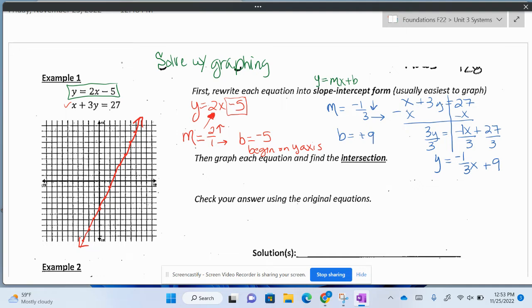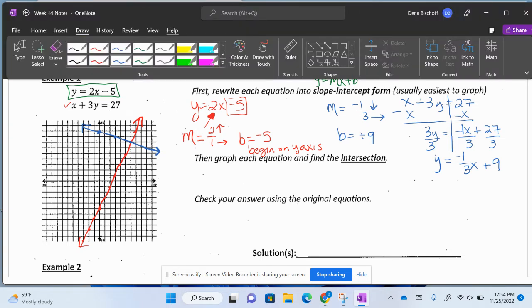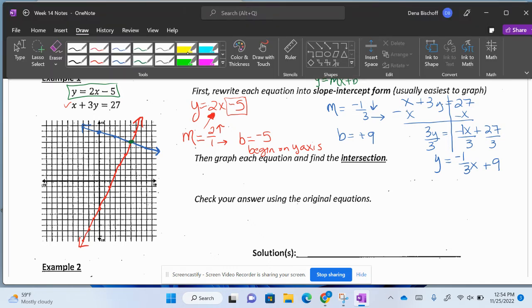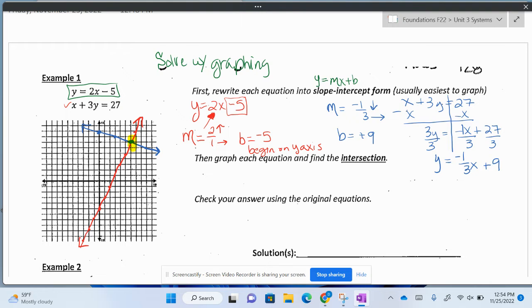So let's graph positive 9 on the y-axis, and then I'm going to go down 1, over 3, down 1, over 3, and I see that I have crossed the other line, and their point of intersection, it kind of turned green, and I'm going to put a yellow highlight on that.